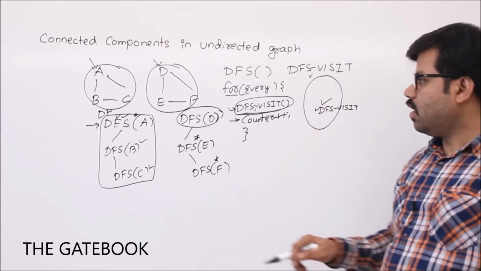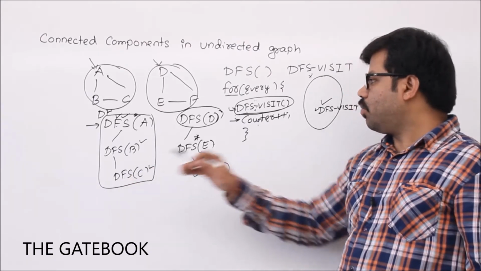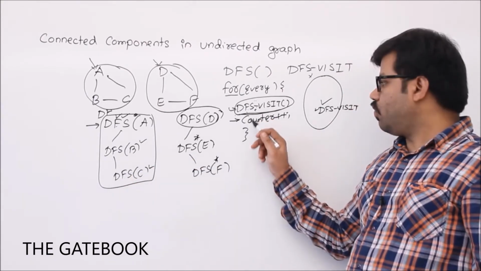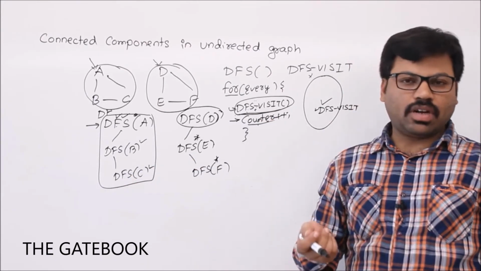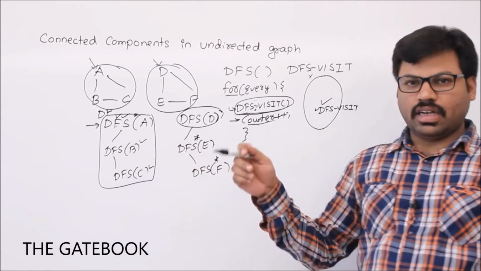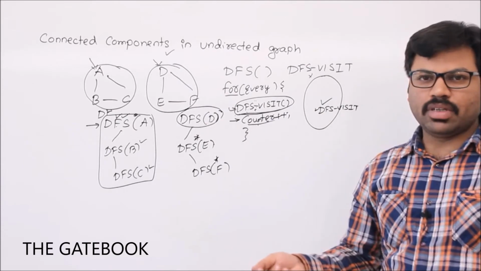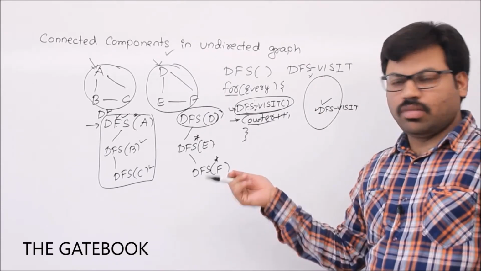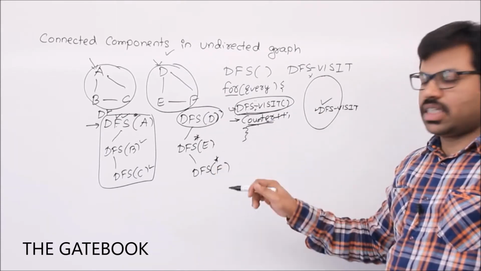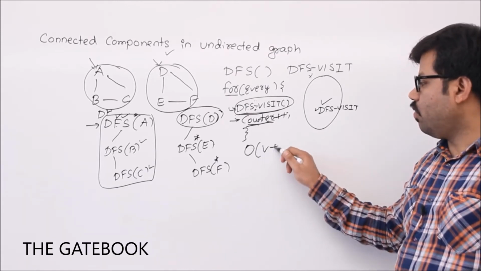So for every connected component, there will be a call here. Then if you maintain a counter here, and count the number of calls, then we can get it, correct? So finding the number of connected components is nothing but DFS, with only one line to be added. That's why the time complexity is order of V plus E.